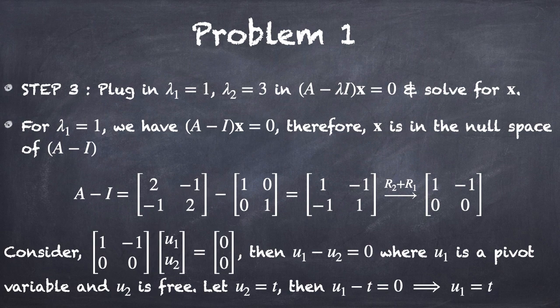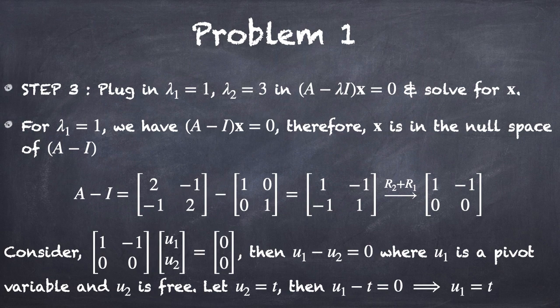Now, with the reduced echelon form, we can get the special solution of x. I denoted the elements of x as u1 and u2 so that we don't mix up the notations. If I took them as x and y, we'd already be specifying the vector x, and it would get a bit messed up. So for simplicity I took them as u1 and u2. This tells us that the first element, 1, is the pivot.